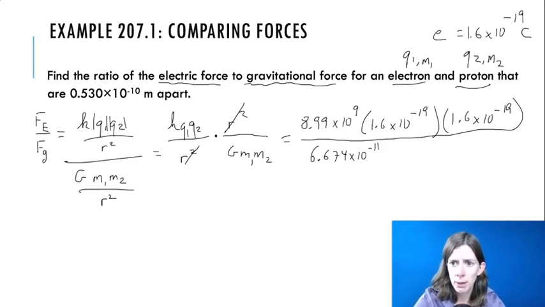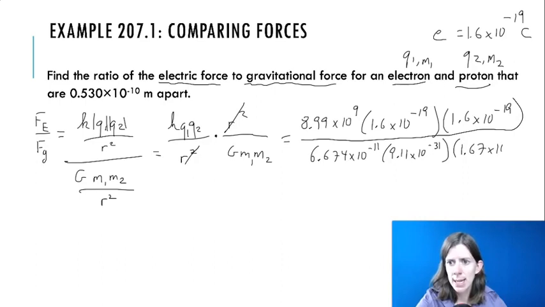We're given these constants in, I think, the first lecture, a little chart. So go ahead and find that chart and write down those values. The mass of the electron is 9.11 times 10 to the negative 31. And then the mass of the proton here is going to be 1.67 times 10 to the negative 27. And both of these are in kilograms, which is a standard unit that we need.